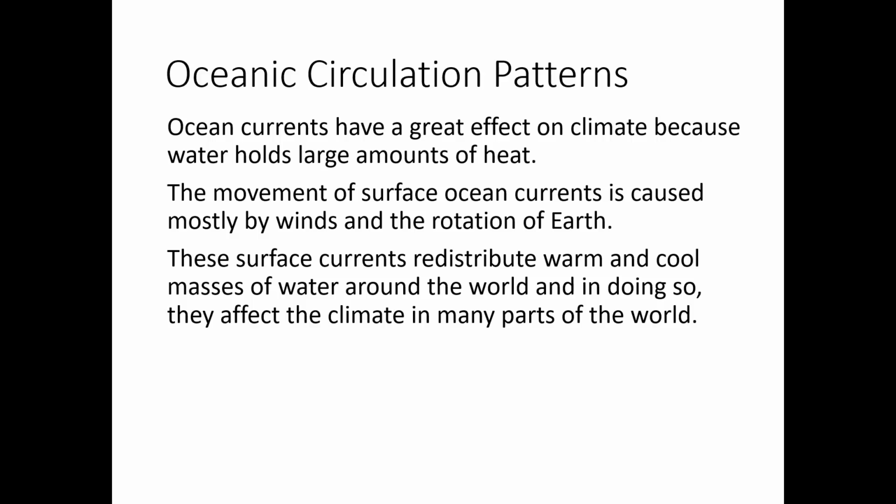So the movement of the ocean currents is going to have a great effect on the climate because water holds a large amount of heat. As I mentioned, thinking back to this circulation of air, cold air drops and warms back up largely because water holds so much heat.